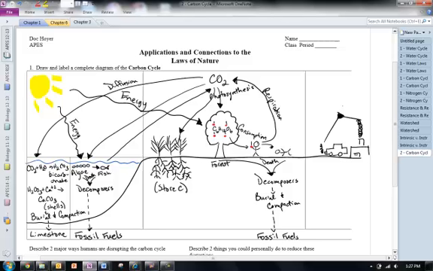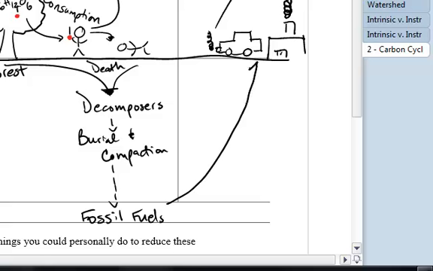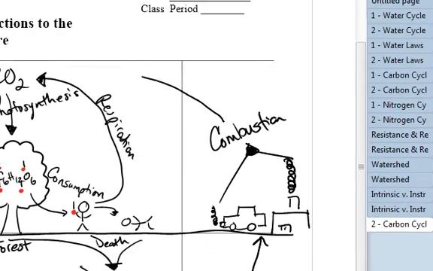And anthropogenic means man-made, and that is through the combustion of fossil fuels. So we're going to take these fossil fuels and we will extract them from the ground, use them in our cars and in power plants to provide electricity, and they will be combusted in the presence of oxygen and release CO2.